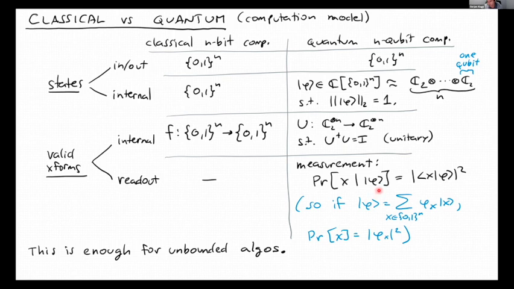This is just a generalization of what was happening on the qubit. The probability of measuring some classical bit string x, conditioned on the internal state of our quantum computer being ket phi, is just the amplitude squared of that bit string in that state.